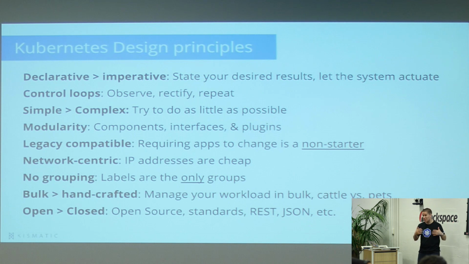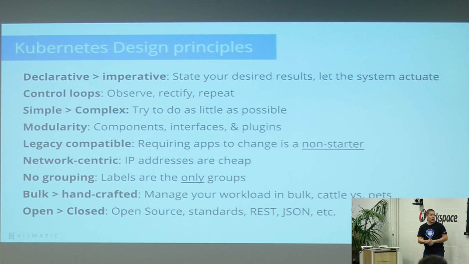Network-centric. Kubernetes has some really clever lessons around networking, specifically how you get to your pods, how you communicate to them, how you get to your containers, and how you reason through traffic management in terms of ingress and egress to your services.